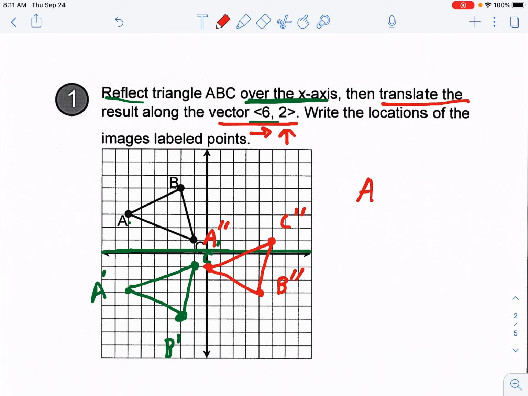Our goal is to list our final new coordinates. So I'm going to list A double prime, B double prime, C double prime. Well, A double prime would be over 0, down 1. B double prime would be over 1, 2, 3, 4, and then down 1, 2, 3.